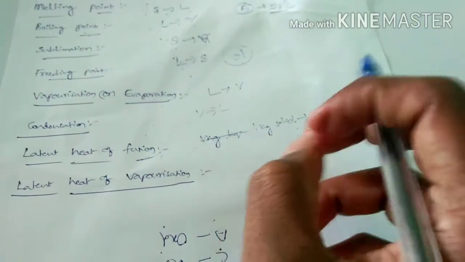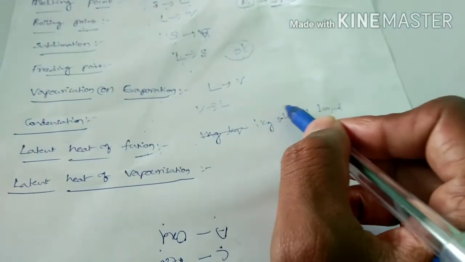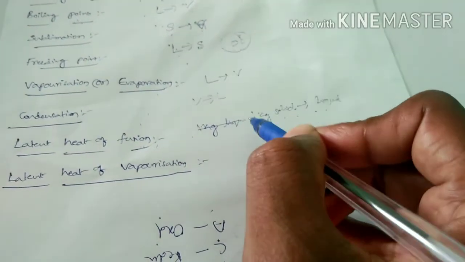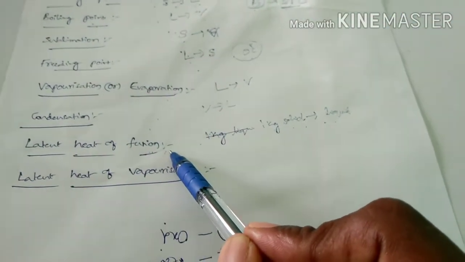That means we have to provide some heat to 1 kg solid. Then only that 1 kg solid is converted into liquid. Then that required heat is called latent heat of fusion.